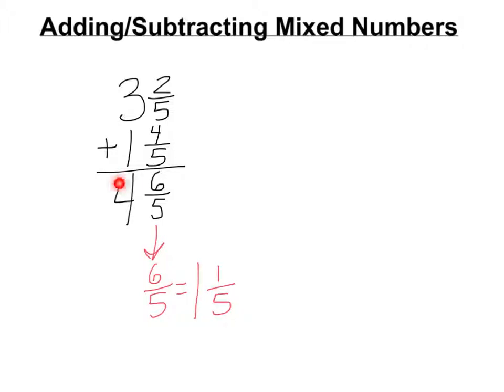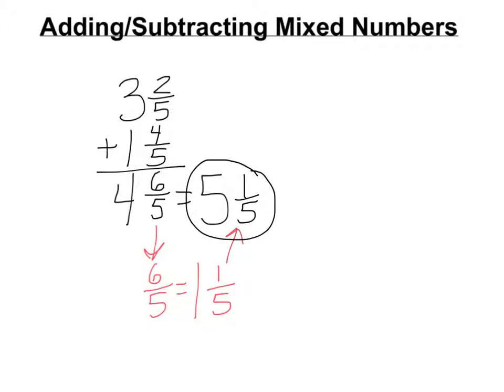Well, if I have 4 and 1, that means that this is really going to be 5, and the 1/5 will come back up here. I can't reduce it, so therefore that's my answer. On the homework, you would only need to show what's in black here.